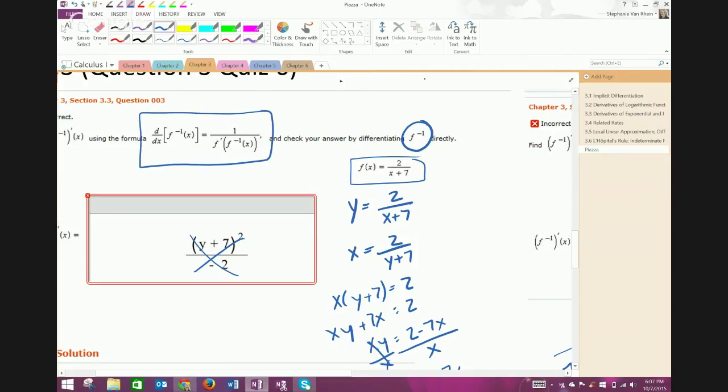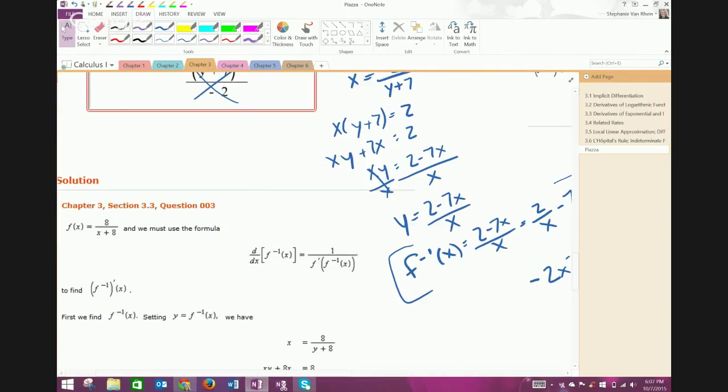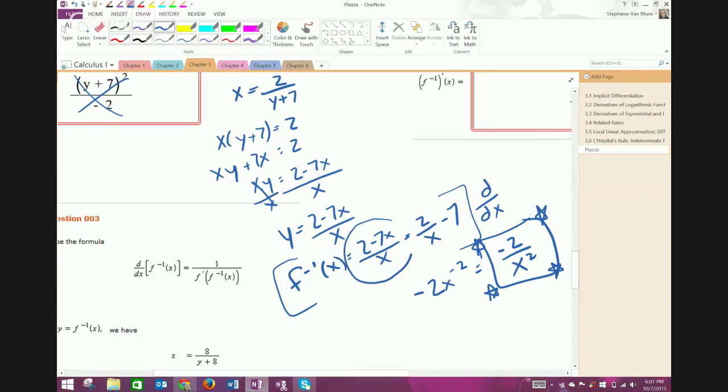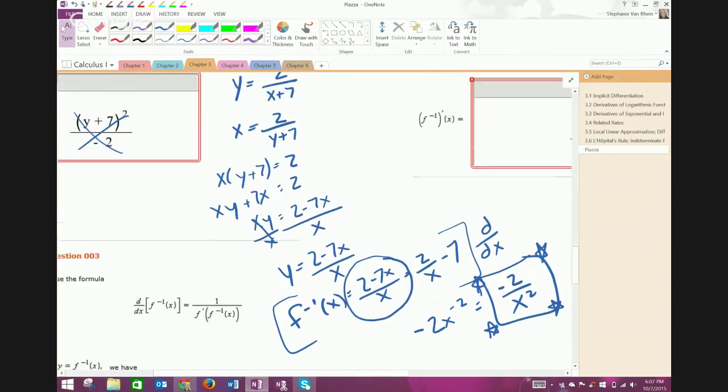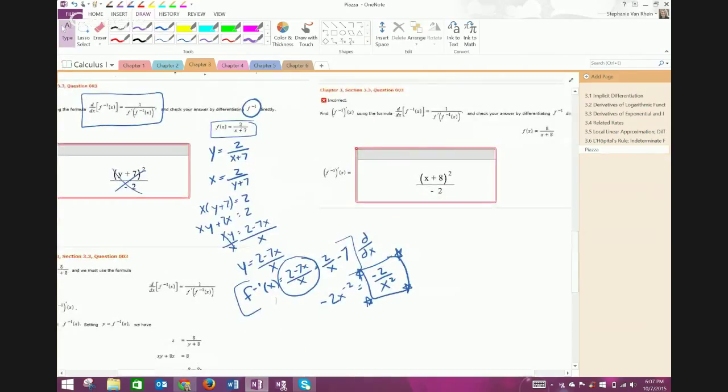And this formula says I take the derivative of the original function, but I plug in the inverse function. So here I'm assuming that I can find the inverse, and again, the inverse is this function here. This process is a little quirky because if I could find the inverse function, I can just take the derivative of the inverse straightforward.